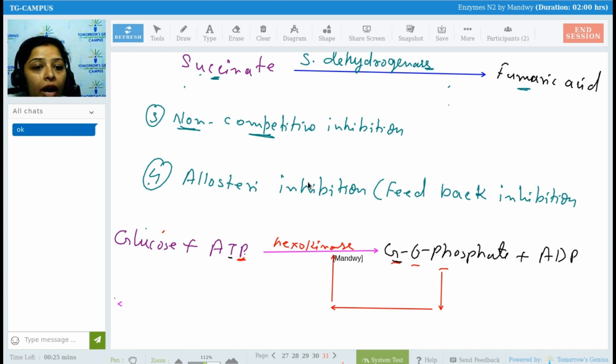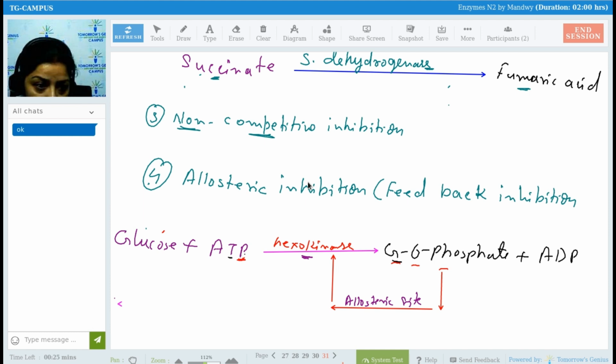Once the glucose 6 phosphate binds to the allosteric site of hexokinase, the hexokinase will stop functioning. So this is the allosteric inhibition. Okay, clear? This is also called feedback inhibition.